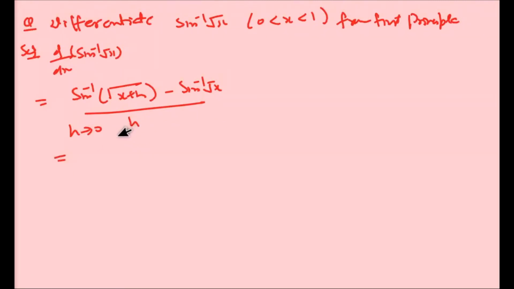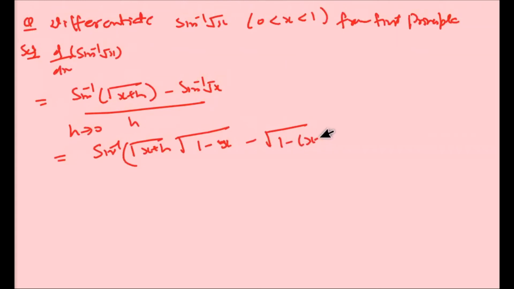It is sine inverse of x root (1 minus y square) minus y root (1 minus x square). So here we get sine inverse of root (x plus h) root (1 minus x) minus root x root (1 minus (x plus h)), upon h, h tends towards 0.